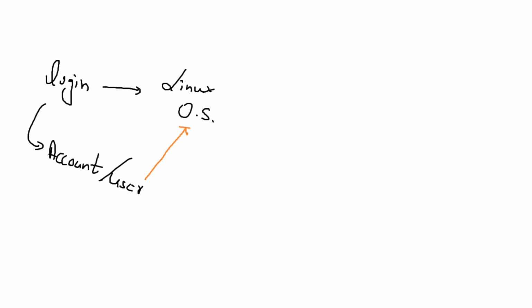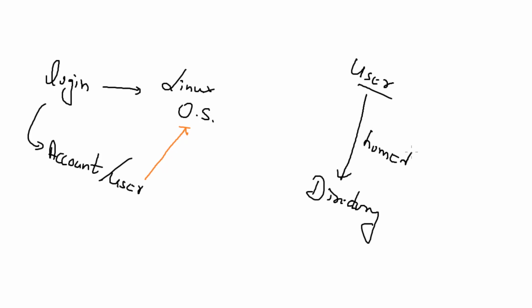In my last video, I showed you how to log in in some way, but however you log in, when you log into the Linux operating system, you always land in one particular directory or folder. Whichever directory the user lands in is known as the home directory of that user.